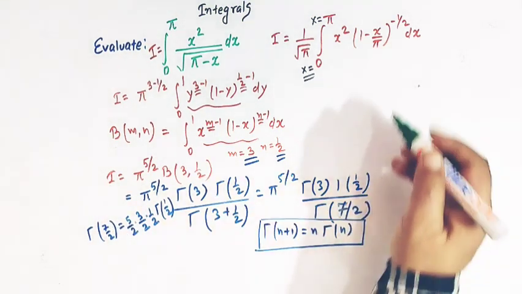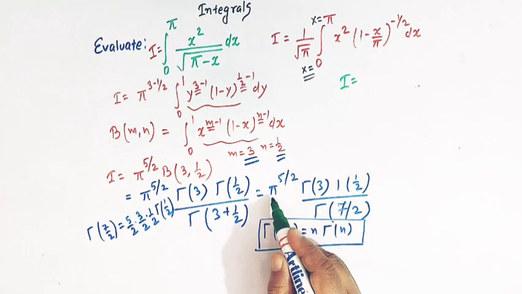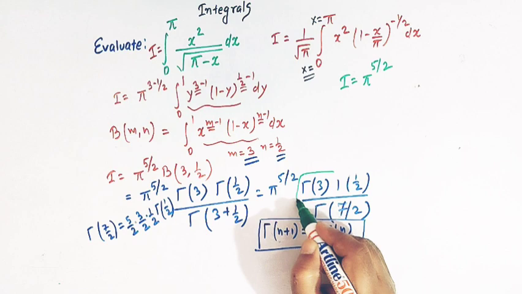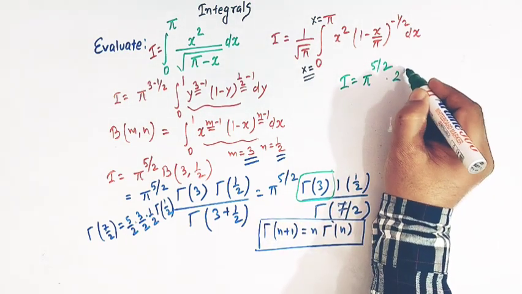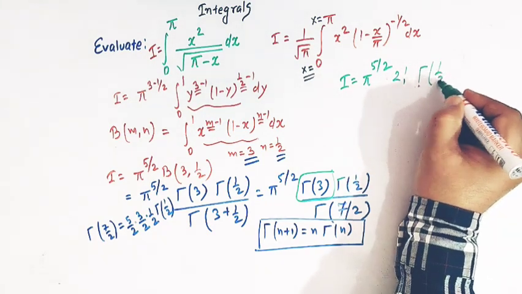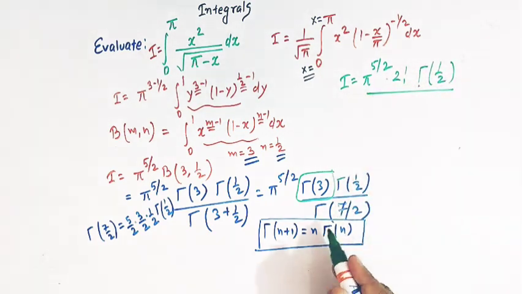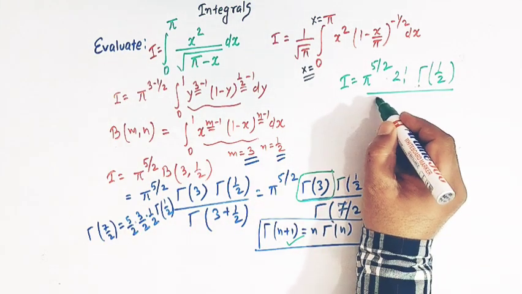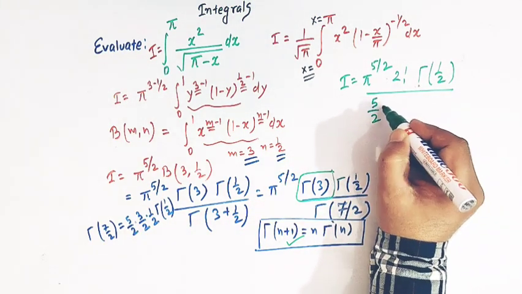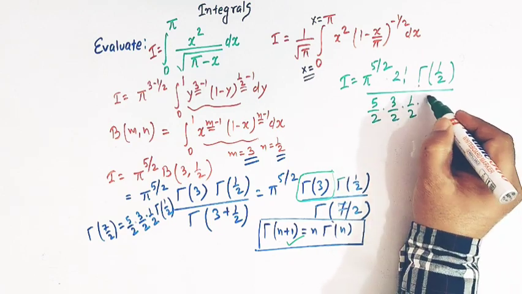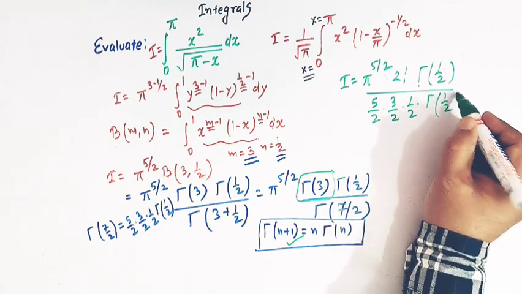So now this integral I can be written as pi raised to 5 by 2, gamma of 3 is equal to 2 factorial, and here we have gamma of half, and in the denominator we have gamma of 7 by 2, and due to this result, gamma of 7 by 2 is equal to 5 by 2 times 3 by 2, here we have half, then we have gamma of half, right?